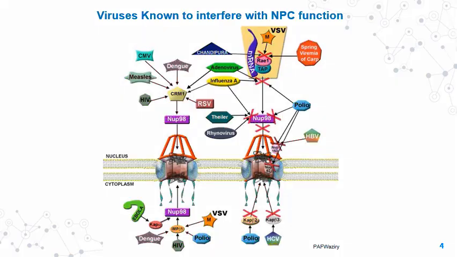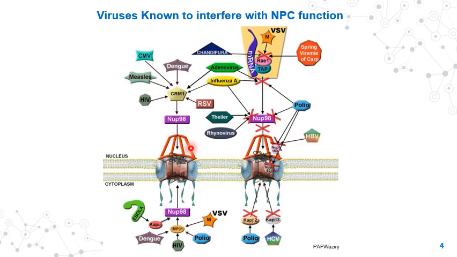Okay. So here I have this little picture showing you the nuclear pore complex. Remember, the little basket goes towards the nucleus, right? And the little fibers go towards the cytoplasm. And here I have this picture that shows that viruses actually figured out that the nucleus is a very important site for control of gene expression of the cell, right?